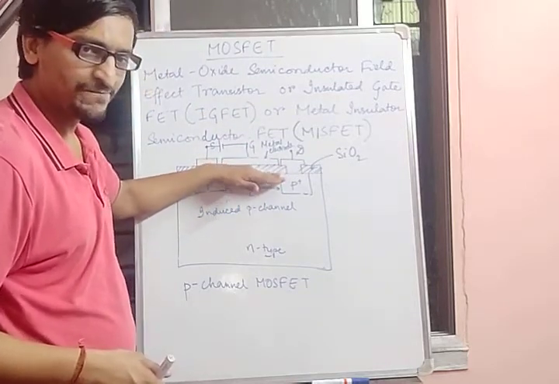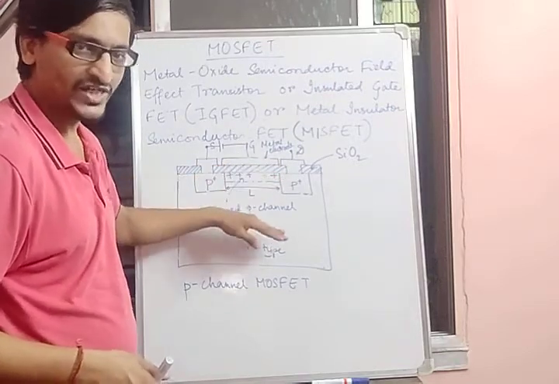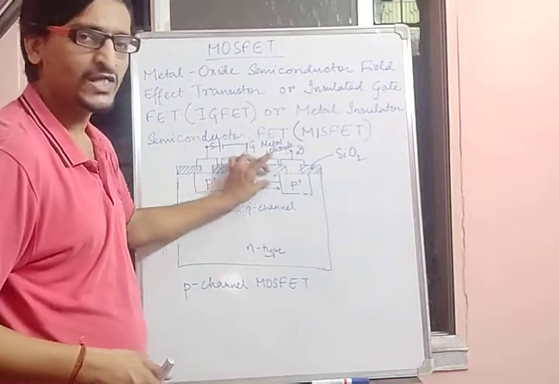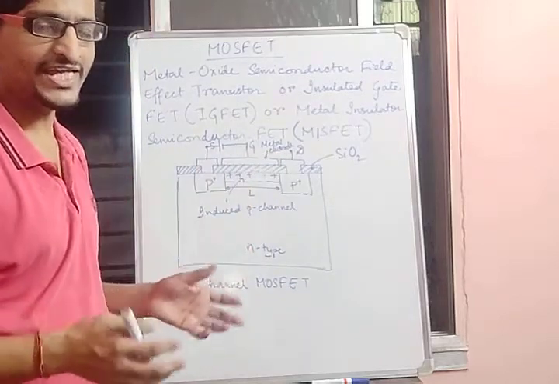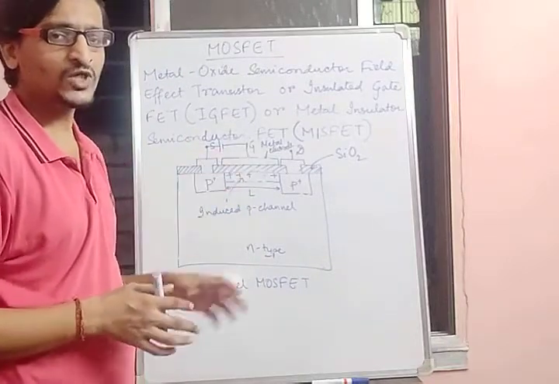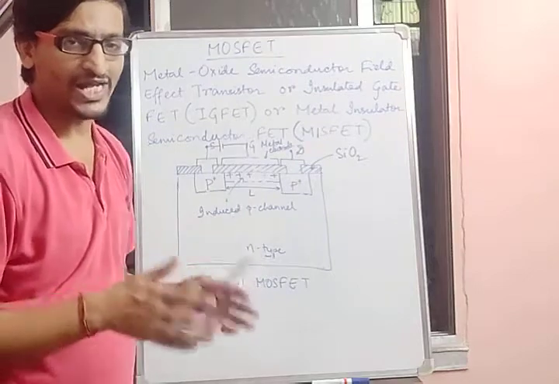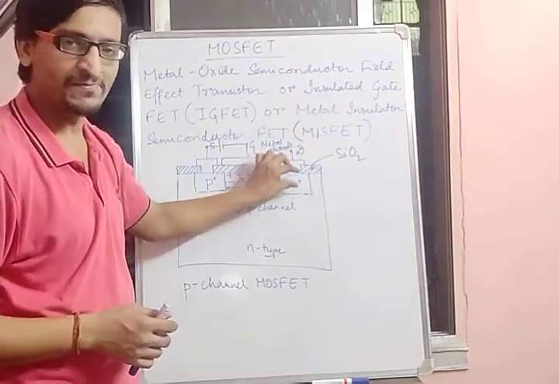As a result, this region will be devoid of any carriers. The only things present here are positively charged donor ions. No carrier will be present.